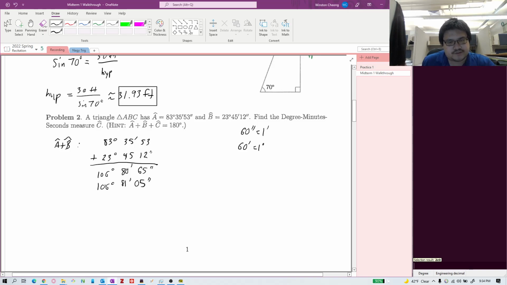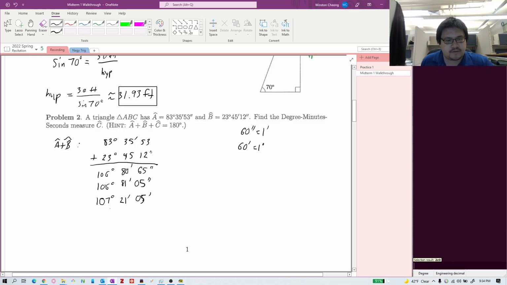And then 81 has also exceeded 60. So we want to turn the 60 minutes into a degree. So this will give me 107 degrees, and we're going to have 21 left over, just subtracting 60 from 81. So this is the simplified form of a plus b.